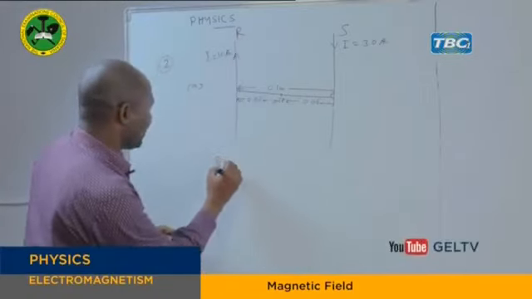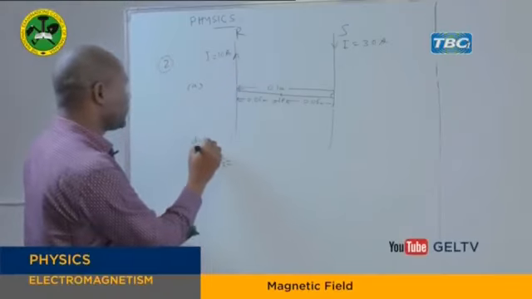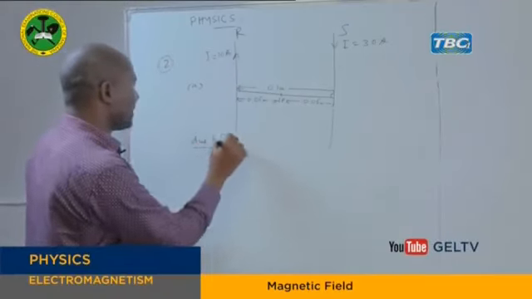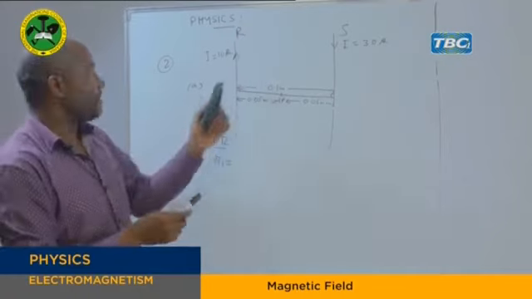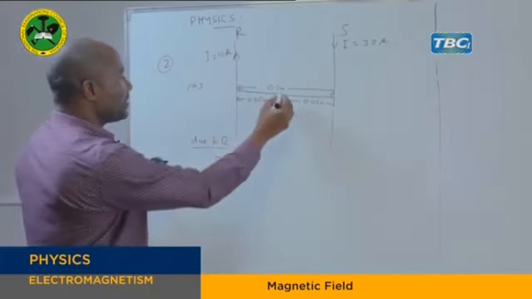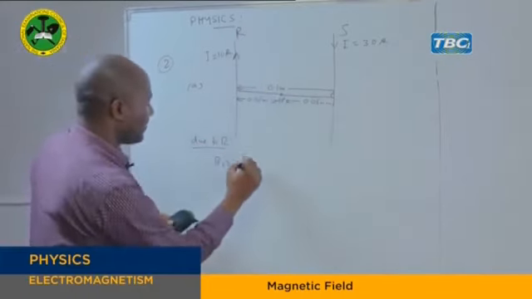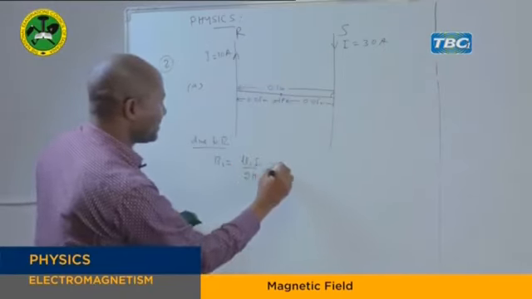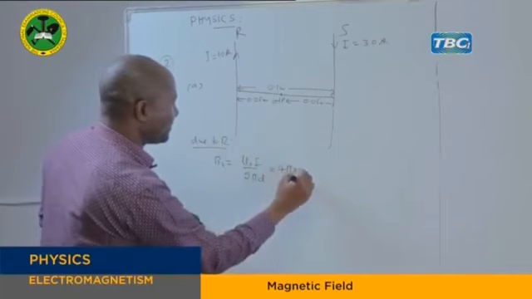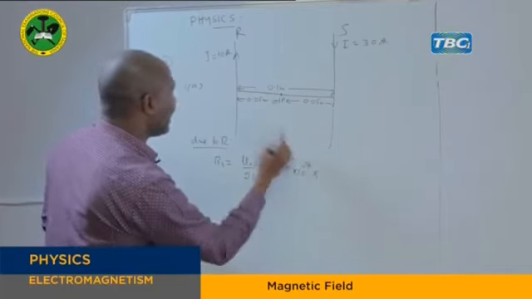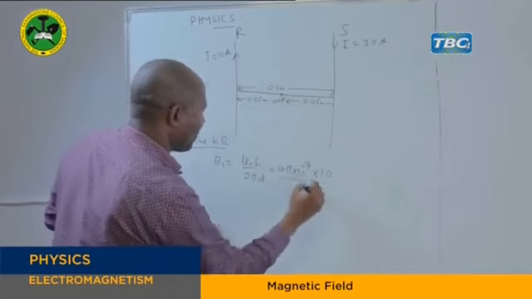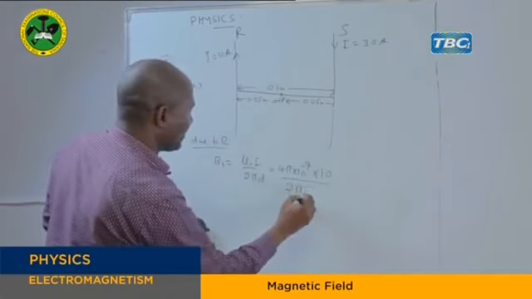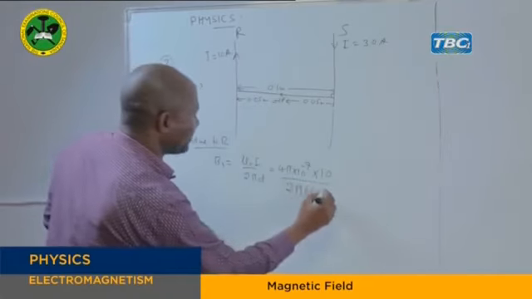Okay, let's find the magnetic flux density. Let's take B1 due to R. The magnetic flux density due to R at our point here, according to the formula, is given by mu I over 2 pi d. Mu is 4 pi times 10 negative 7, and the current here is 10, over 2 pi d, 0.05.